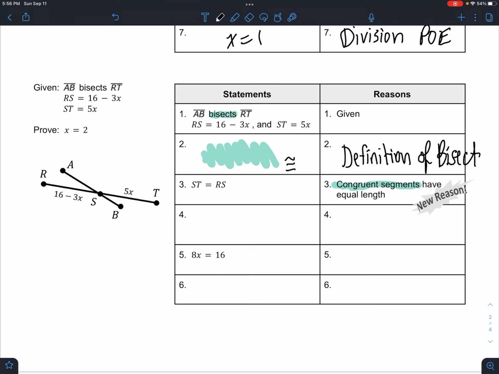Okay. And the definition of bisect is AB cuts RT in half, meaning that RS and ST are congruent segments. This is also true for the definition of midpoint. The definition says congruent segments. And then we just have to go from there down.